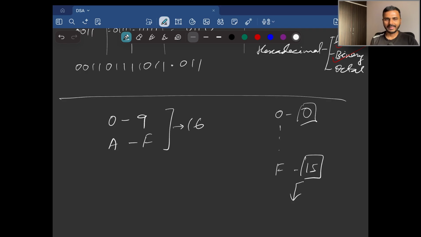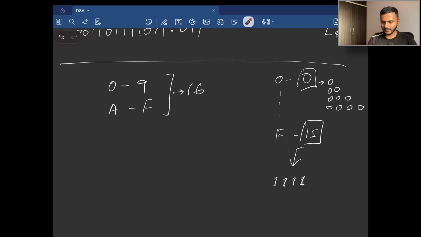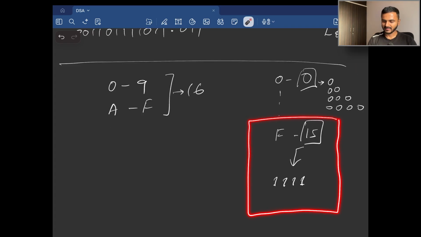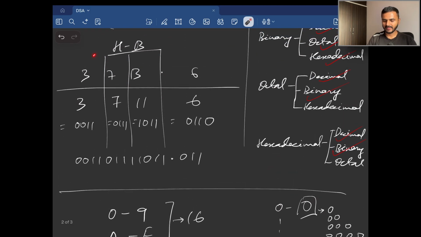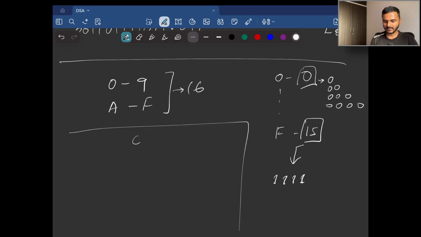If you represent 15 in binary, the binary equivalent will be 1111. If you represent 0, you can represent it as 0 or 00 or 000 or 4 zeros, it doesn't matter. But the highest number in the hexadecimal number system needs 4 bits to be represented. So when we convert hexadecimal to binary, we maintain a group of 4. Similarly, for octal, the range of digits is from 0 all the way to 7. 7 can be represented in binary as 111, needing 3 bits. That is why there we maintained a group of 3.